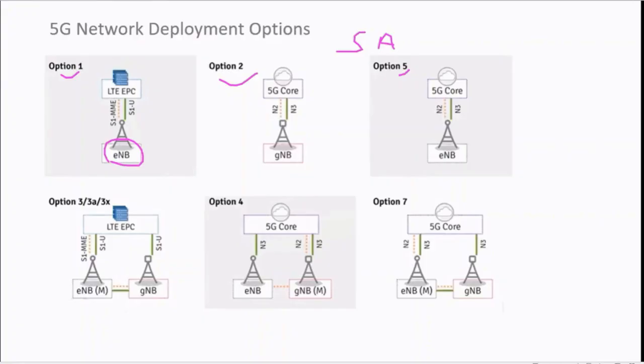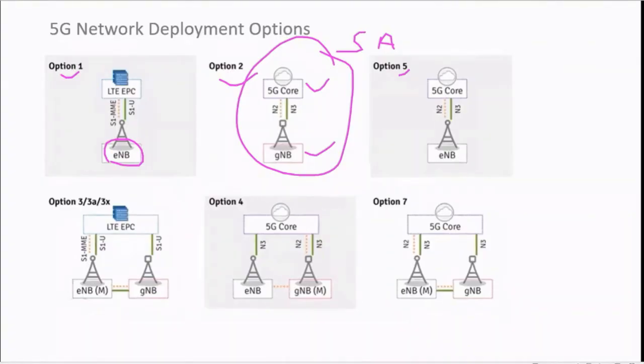So option 2 is also a standalone mode. In this case, we are using the core of 5G. We are using the RAN of 5G, which is also called G node B. And that is also called a standalone option. We have the core, we have the G node B, and also N interfaces, which are 5G interfaces, that communicate with the 5G core only. Okay. And then we have this option 5.